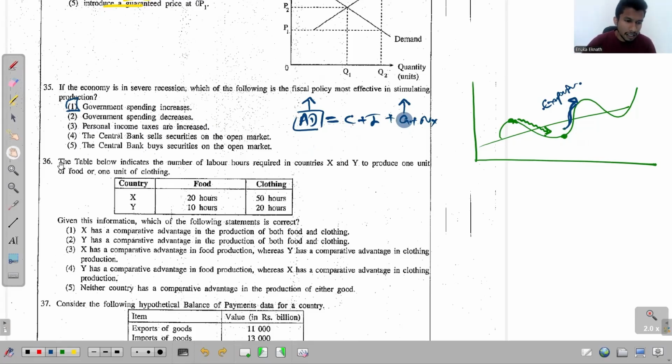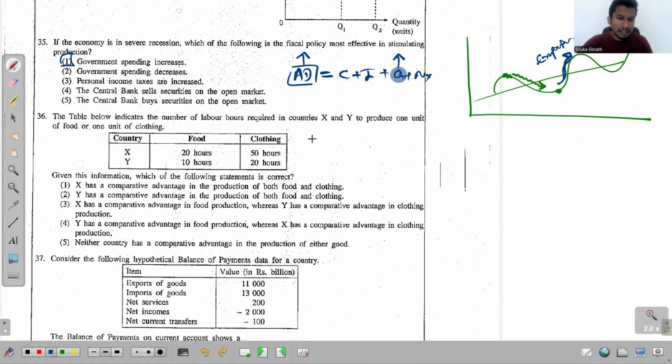Okay, let me discuss that in this way. The central bank sells securities on the open market means this is something that we discussed earlier in this paper. The treasury bills and the treasury bonds are sold to the central bank by the commercial banks, and in return, these commercial banks will receive cash.